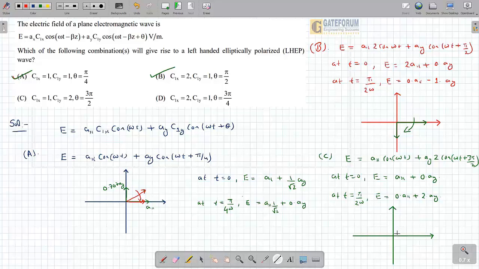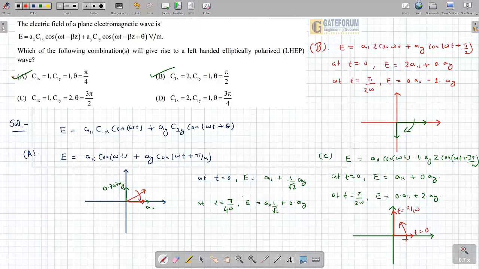Now here if you see, at t equal to 0 it is Ax, the resultant of Ax and 0, and this is 2Ay, it is here. As the time increases, it has got the direction, right? So now you can see the movement is not like this, the movement is like this. It is at t equal to 0, then at t equal to pi by 2.